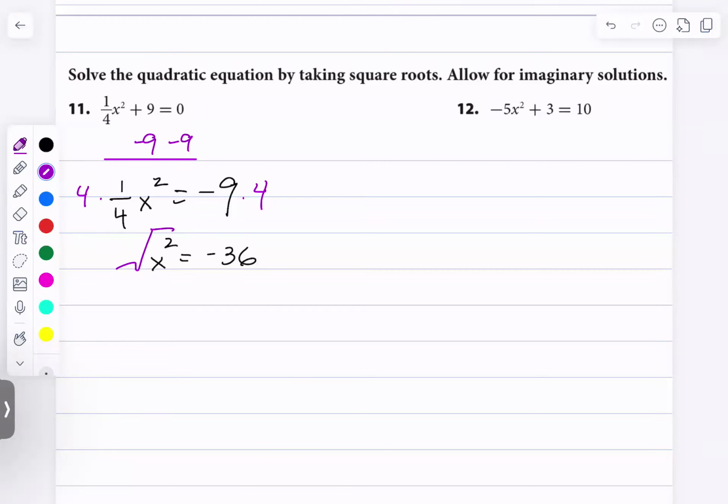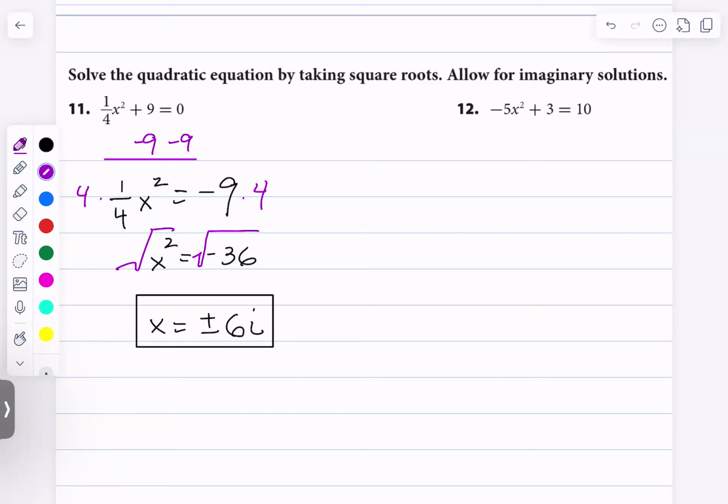Square root both sides. x is going to equal plus or minus, what is the square root of positive 36? 6, right? So I can just say, oh, this is just going to be 6i, right? Negative version is just negative 6i. Okay.